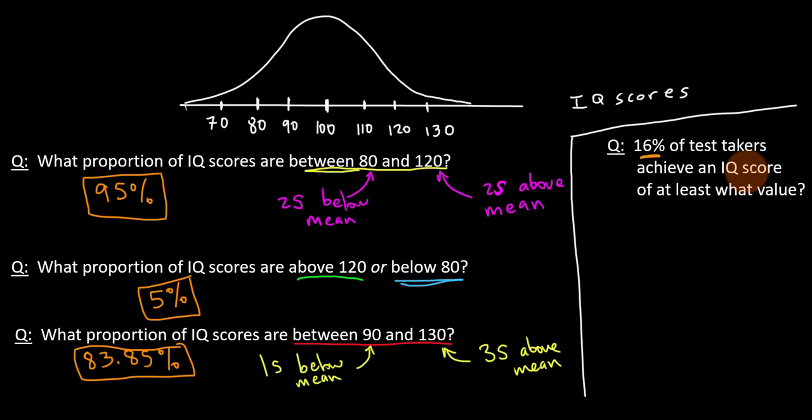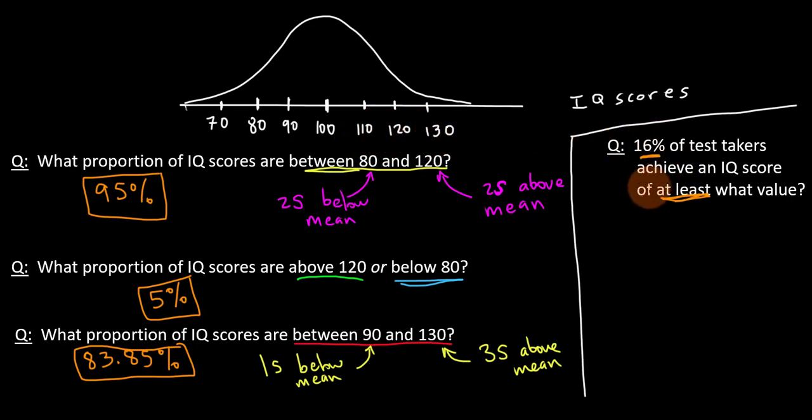So it's sort of a flipped situation. And another thing to notice is at least. So this is referring to the top or the upper 16% of test scores. So our answer is going to be an IQ score up here somewhere, above 100.